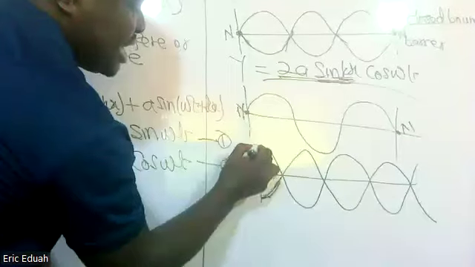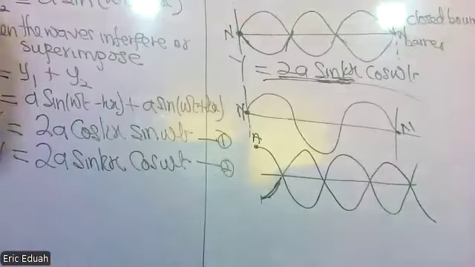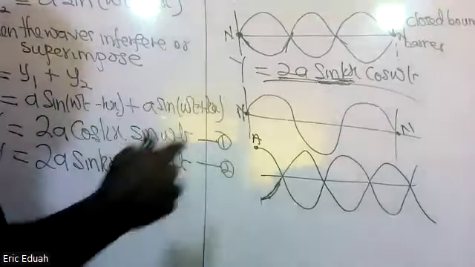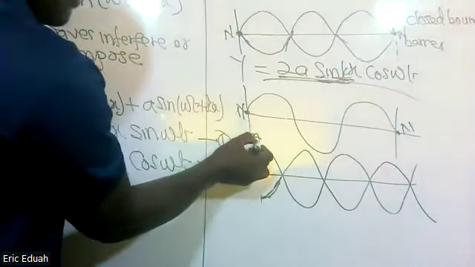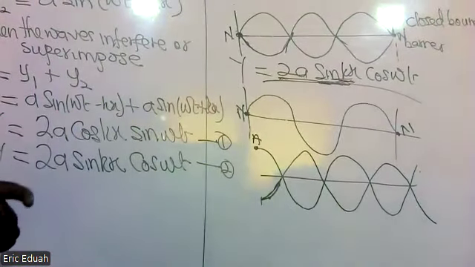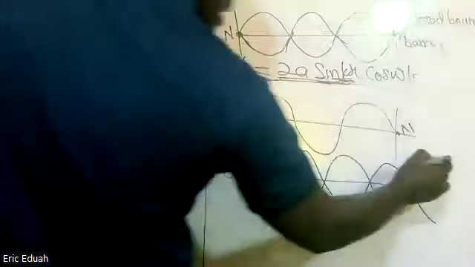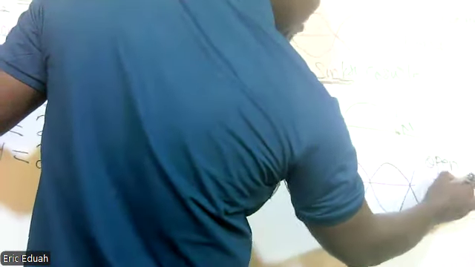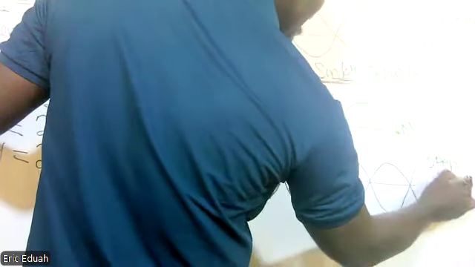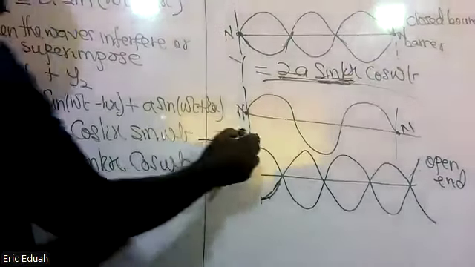Here, the wave begins with an antinode. So when it starts from an antinode and ends in an antinode, it is when there is an open end, reflection from an open end. Meaning in this kind of wave, the end is open, so it starts from an antinode.